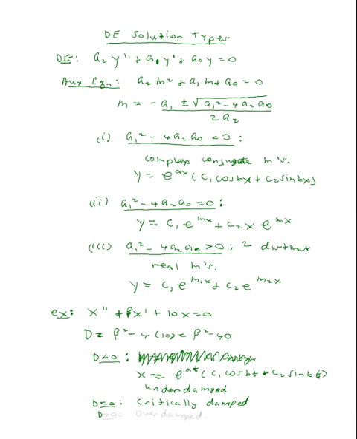Now suppose that D is greater than 0. Then we'll have two distinct real solutions. Not only that, but we'll have room to decrease the damping. If the decrease is slight enough, we won't go back to the underdamped case. So we call this the overdamped case.